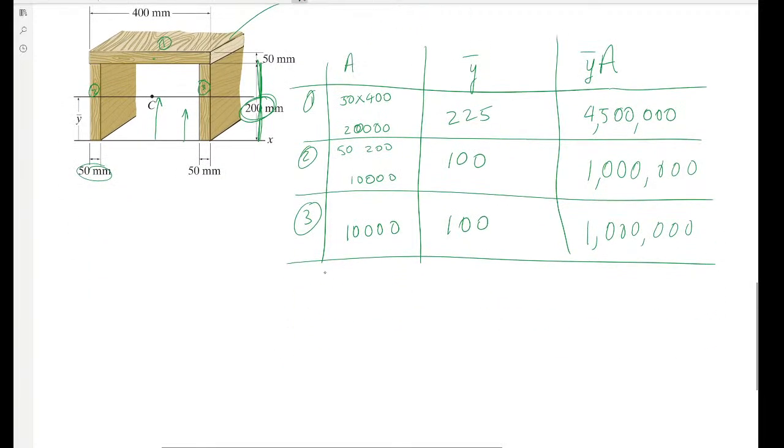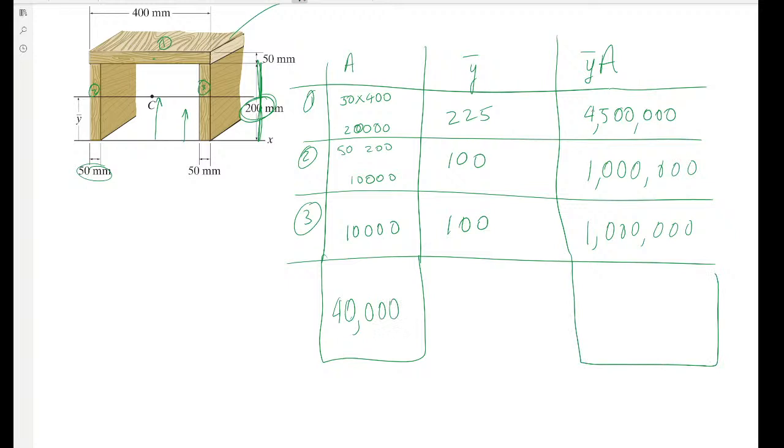Okay, so let's sum this box. 20,000, and there's 2 10,000s, so just give me 40,000. And over here, I get 2 million, or 6.5 million.